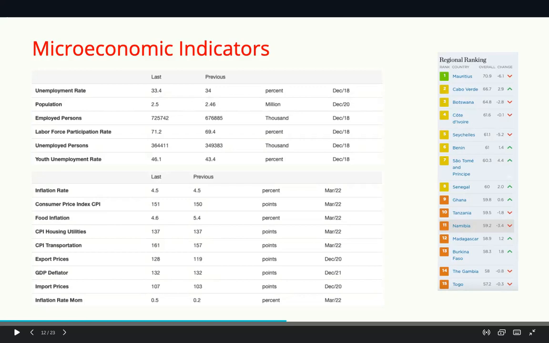And on the right, we can see the regional ranking, where Namibia's performance sets them in the 11th position, below Tanzania and one place up from Madagascar.